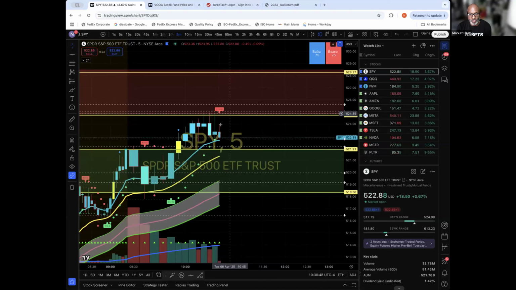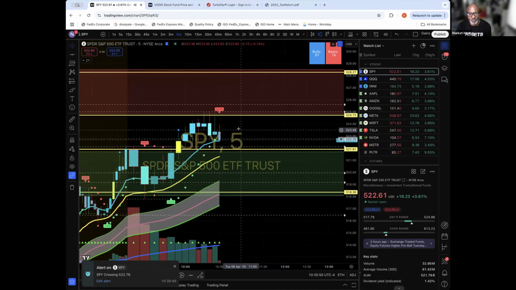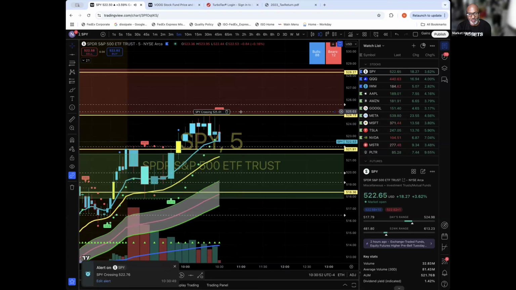So now look here. You see it went to this level and it rejected at the top. Now it broke through that alert, but it rejected.